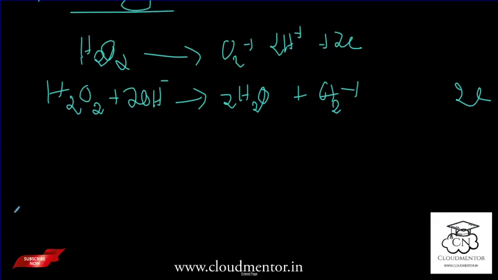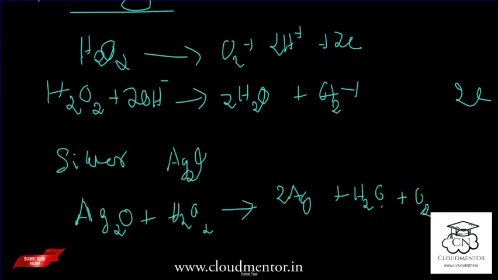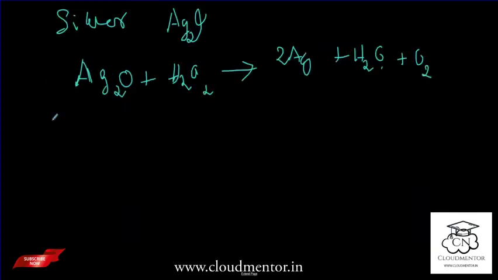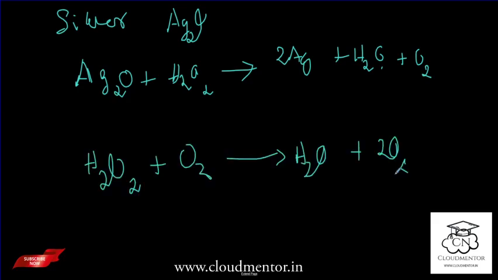This is an example for the reducing property of H2O2. And now we are going to talk about the reaction with ozone. Hydrogen peroxide on reaction with ozone shows the reaction H2O2 with O3 giving water and oxygen.